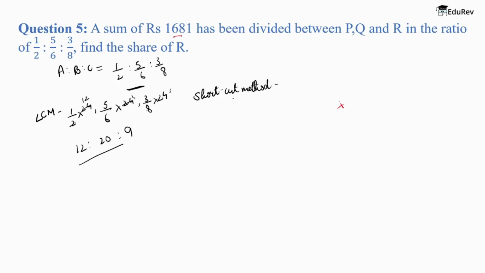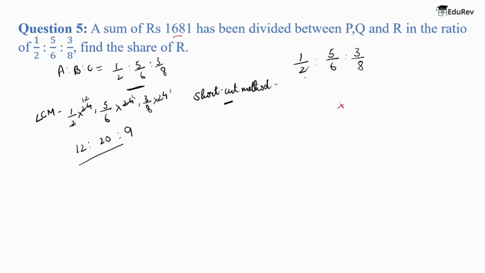Now we see how to do it with the shortcut method. Now we have 1 by 2, 5 by 6, 3 by 8, right?